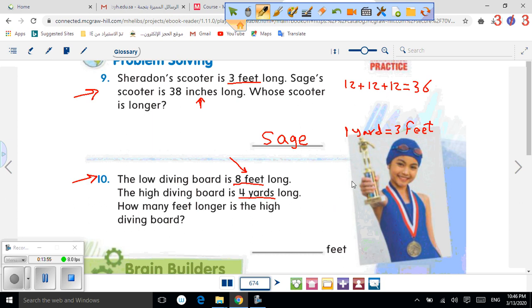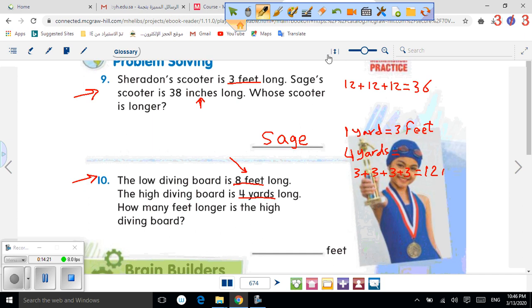So 4 yards will be 3 plus 3 plus 3 plus 3. 3 plus 3 is 6, plus 3 is 9, plus 3 is 12. So 4 yards equals 12 feet.